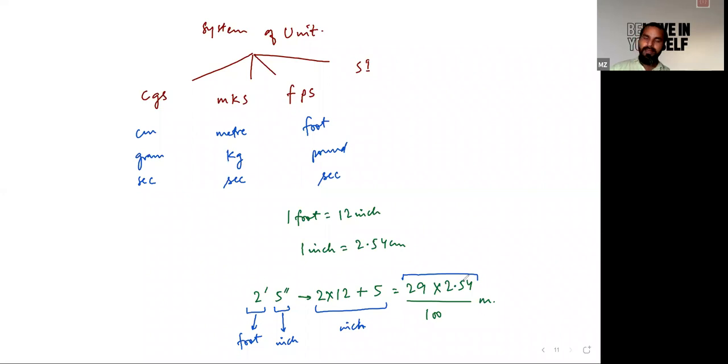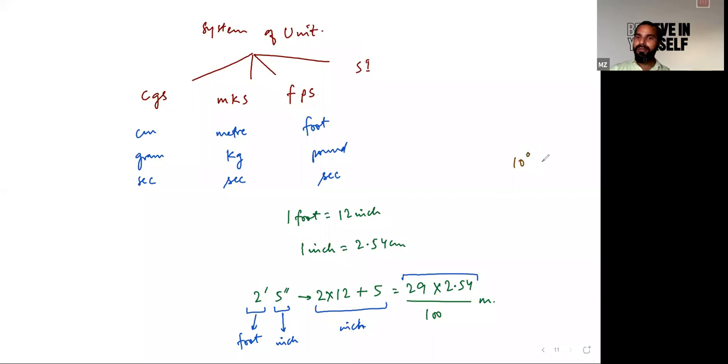The SI system of units tells you that if you have to convert from one multiple to another, just use the power of 10 instead of using these numerical values.